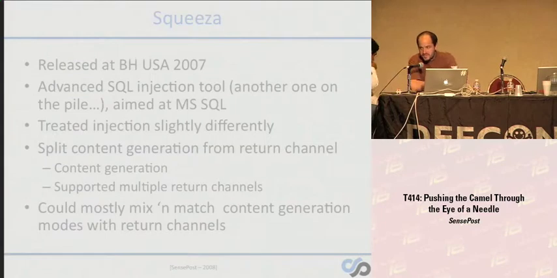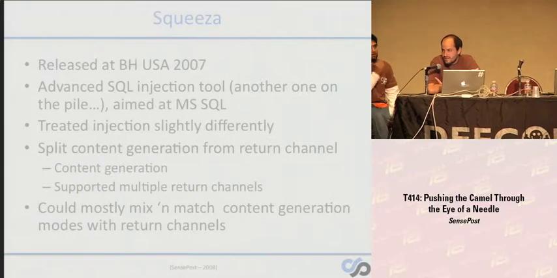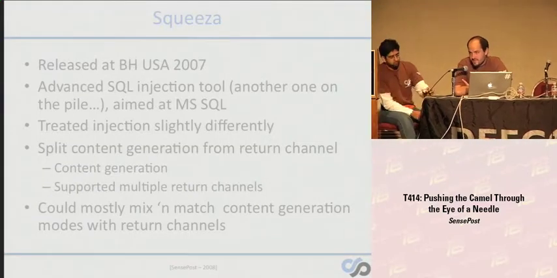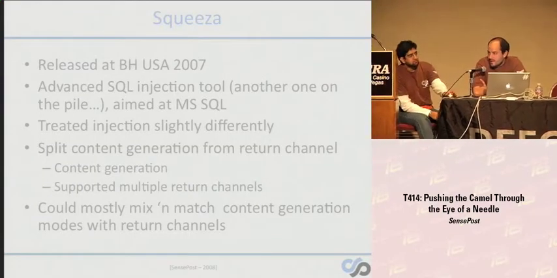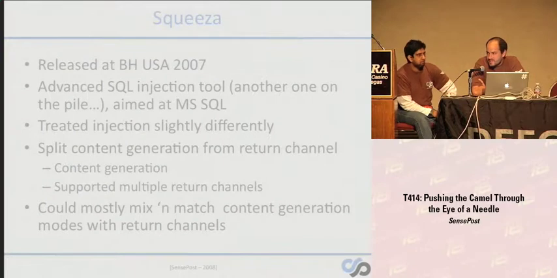Okay, we turn our attention to a slightly different topic, and that is some of the coolness that we can get out of SQL boxes specifically. As you see, most of the stuff that we're doing here revolves around web and databases, and that's because that's typically what we bump into on our assessments.